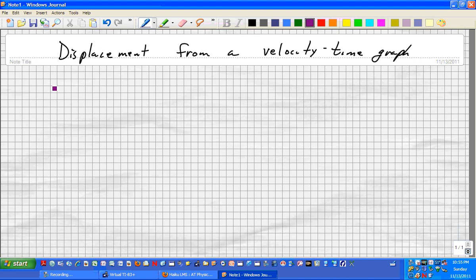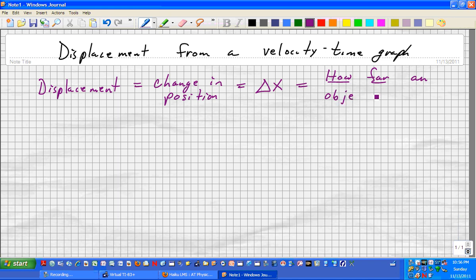First off, let's clarify that displacement is the same as change in position, which is abbreviated delta x, which answers the question of how far an object travels.